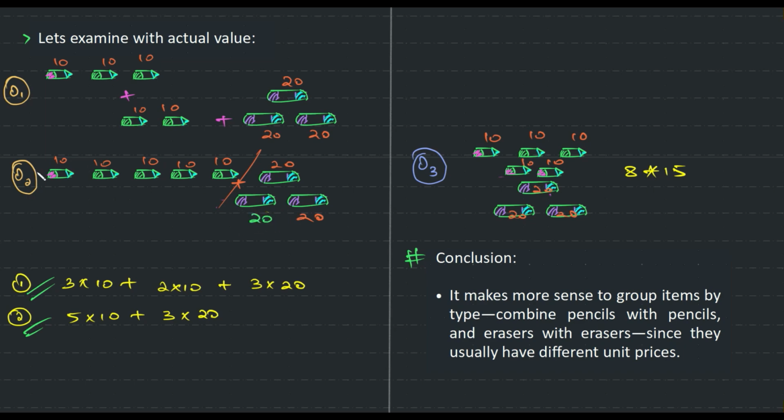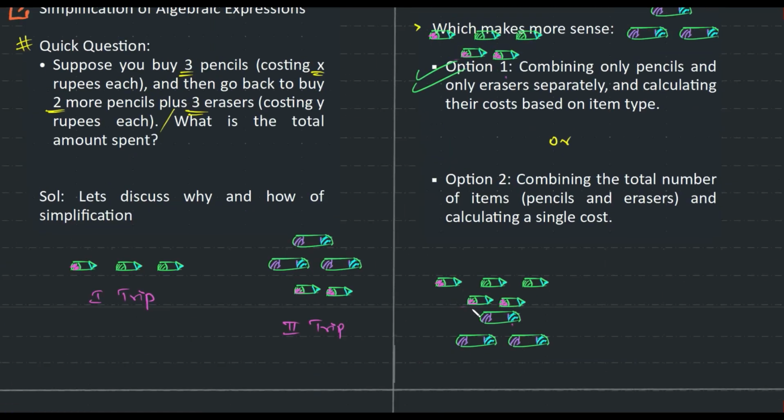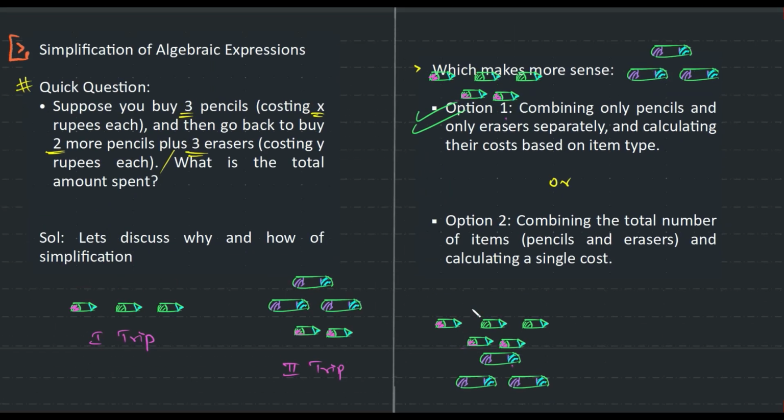Eraser is 20 rupees, while pen is a different amount, 10 rupees. Does it make sense? Separate this, add them up, separate this, add them up, and then add the total is what the statement is talking about. Do you guys agree?